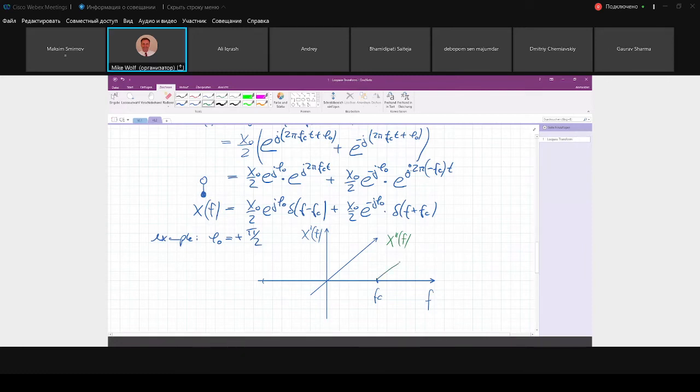So it looks like this. Here we have a Dirac delta pulse, and there is no component which is real. It's only imaginary because of this phase.